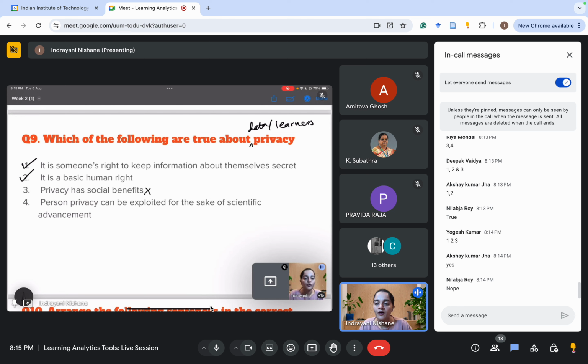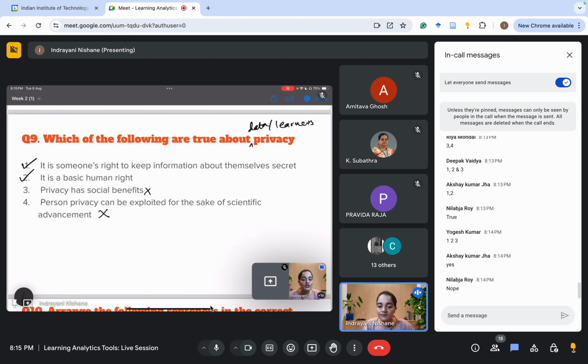Now option 4, personal privacy can be exploited for the sake of scientific advancement. Can you give this argument? I'm trying to study certain factors, how they impact human learning, so I have the full right to collect each and every bit of information about the participants in my study. This approach is also wrong.